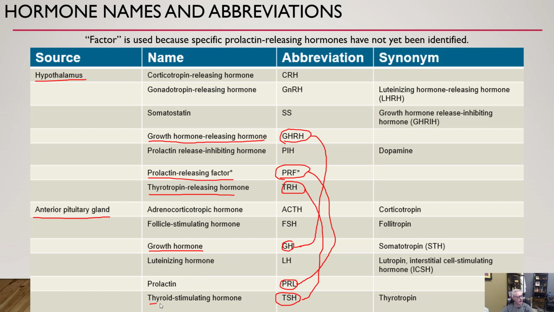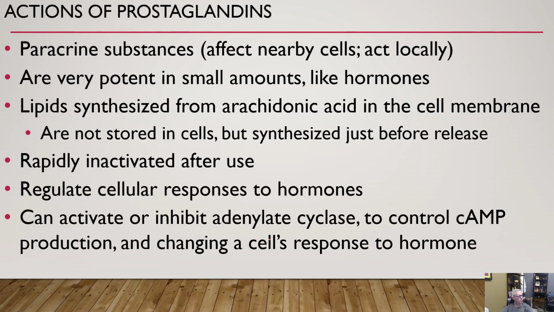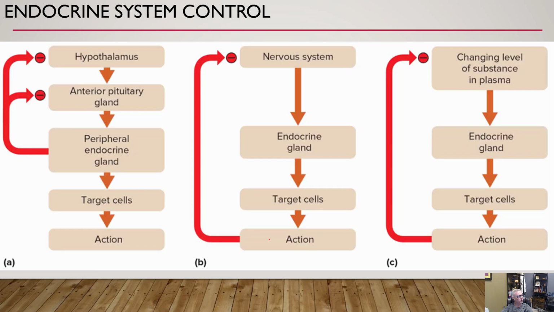So the thyroid stimulating hormone will act on the thyroid to release the thyroid hormones. The follicle stimulating hormone will act on the follicles to release what it needs to release. All right, so that is bullet point number 1.